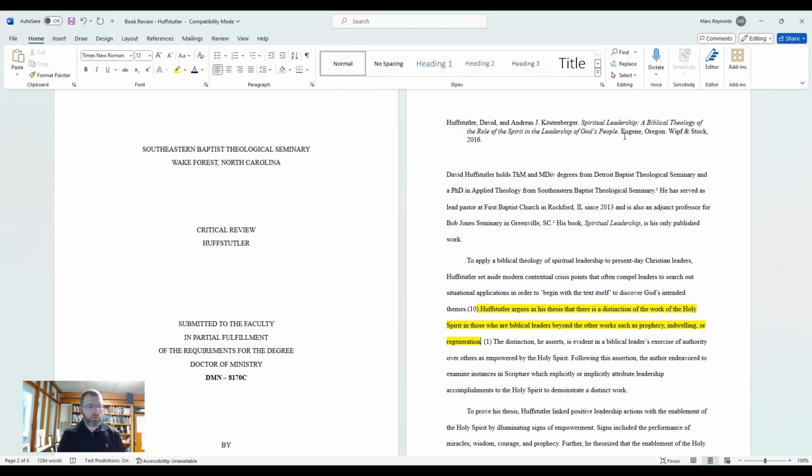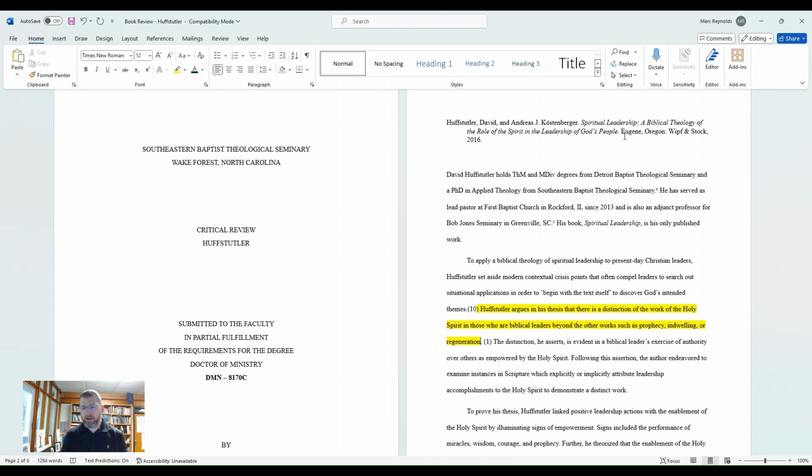Then you want to make sure you can identify the thesis of the work. I've highlighted here what I identified as the thesis of Huffstutler's book. I doubt many of you have read this book. I'll be honest, it was very arduous reading.